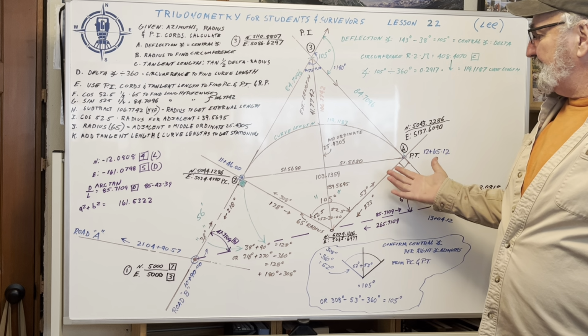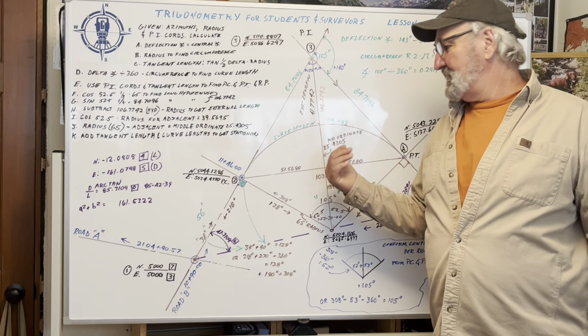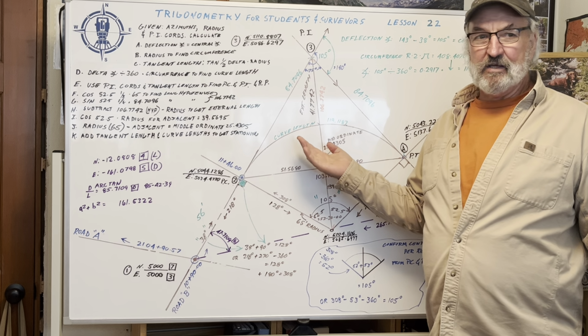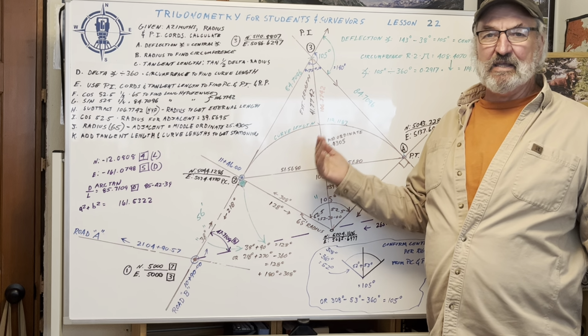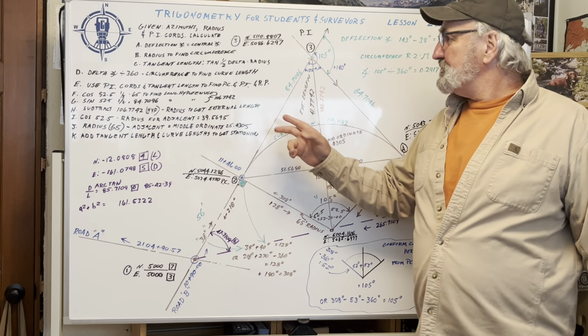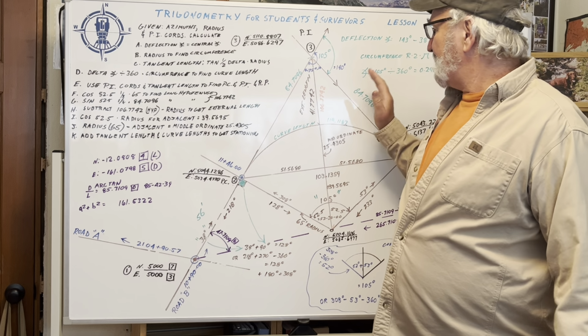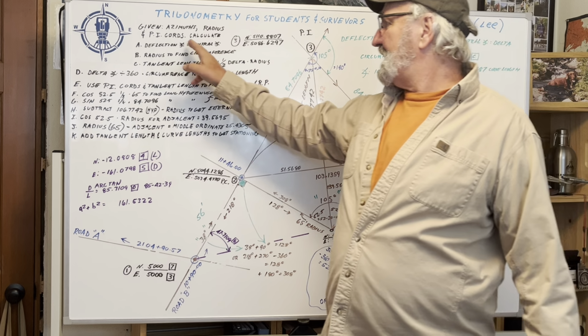For civil engineering and surveying, you're usually given some things to get started, not just a blank piece of paper. You're usually given an azimuth and a radius, and then you're going to have chords.